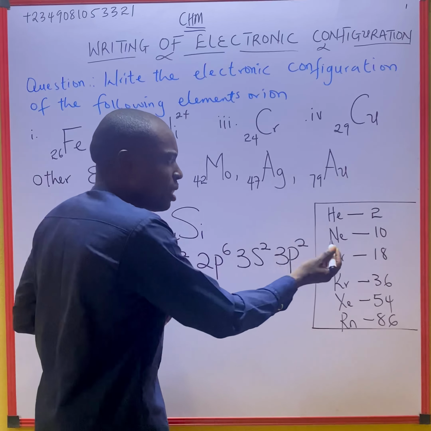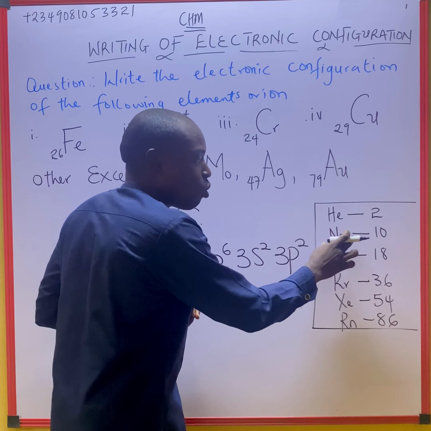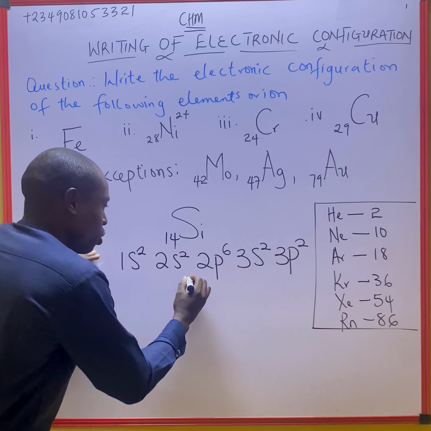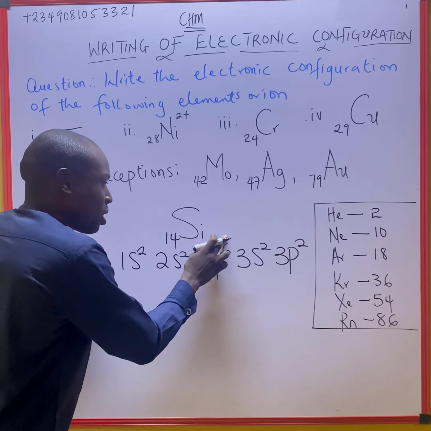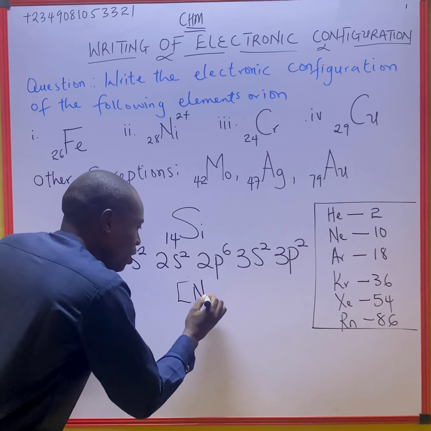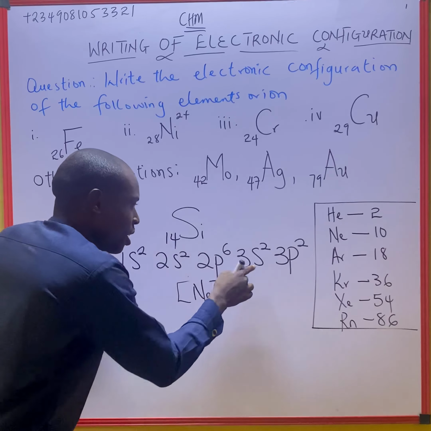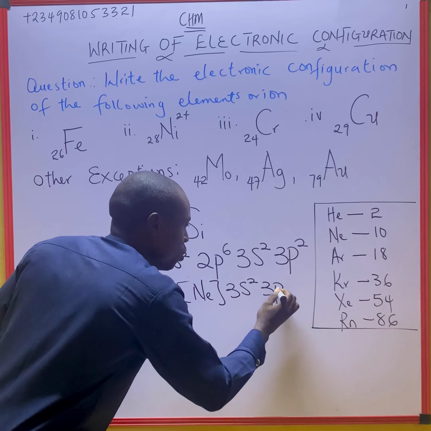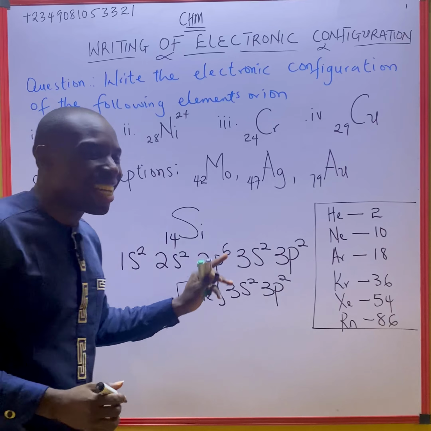if it's 14, it means that it's not up to 18, so it will have to fall at this stage here. So it will be neon, because 2 plus 2 plus 6 is 10, and neon is 10 here. So it will be neon, then 3s2, 3p2. So both ways can work.